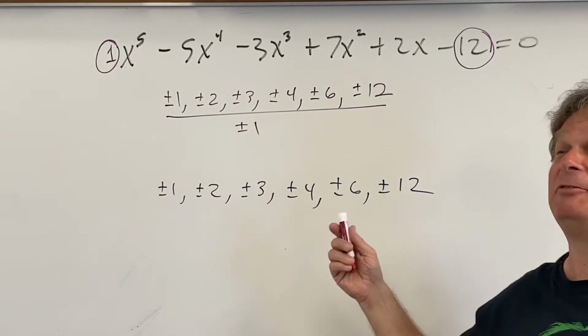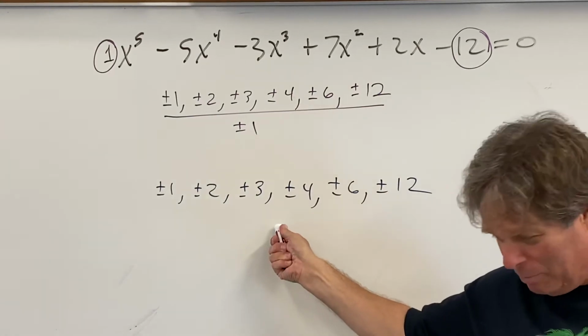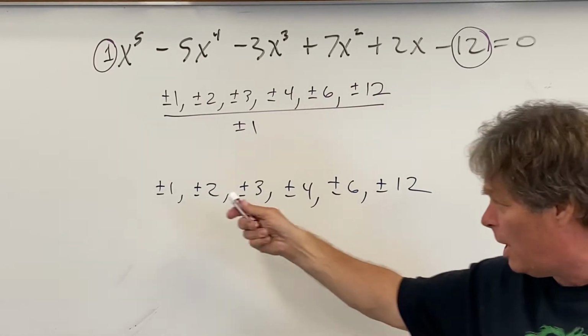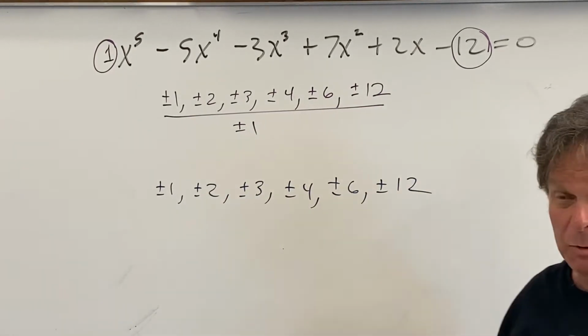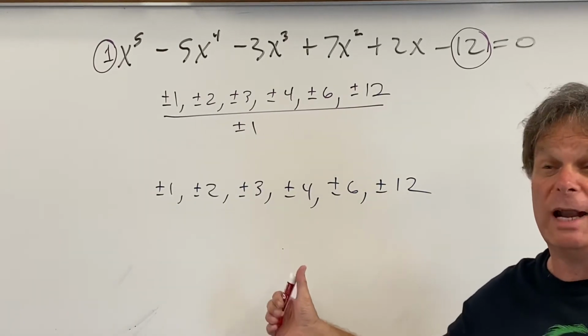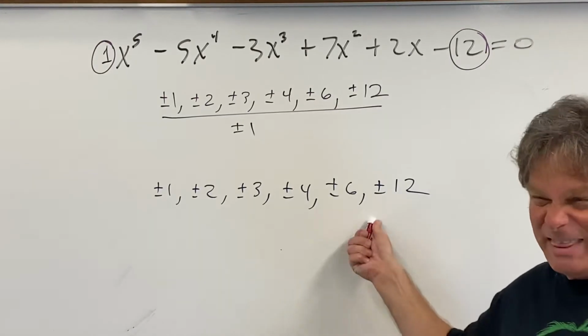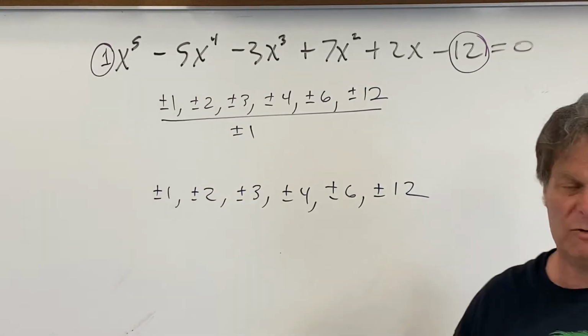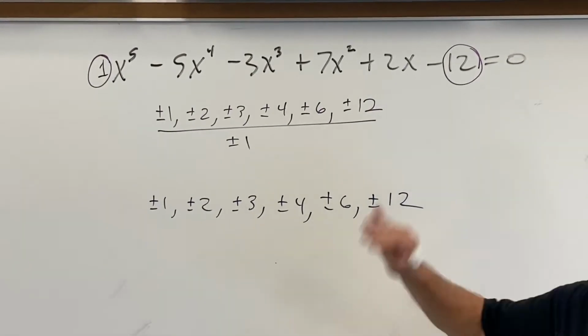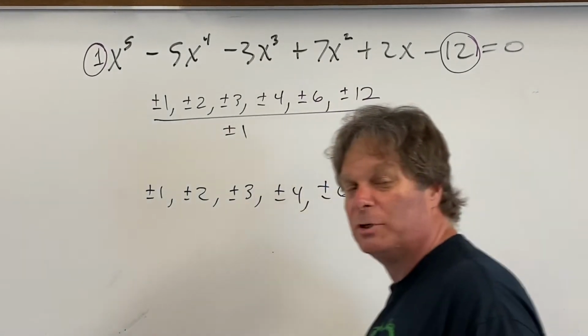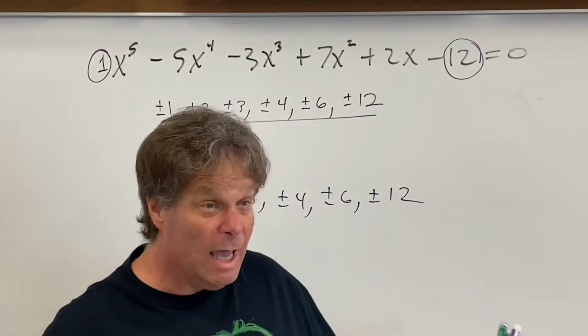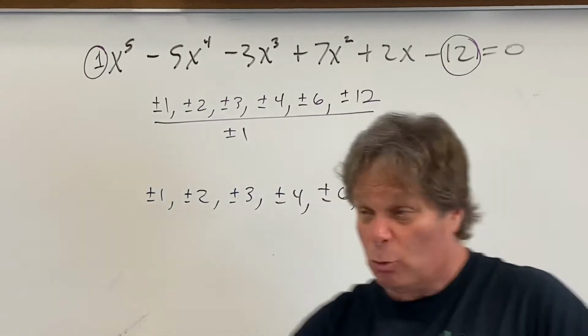That means I may have to try 12 things. I may try all 12 and none of them work, then I say, oh, I guess there were no rational solutions. So it's still not that great because I may have to try up to 12, but I may get lucky and find 1 or 2 of them on my first couple tries. So hey, at least it narrowed it from infinity to 12.